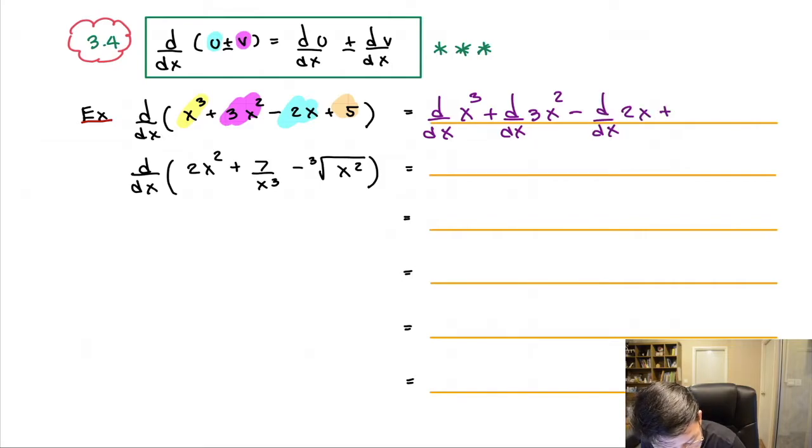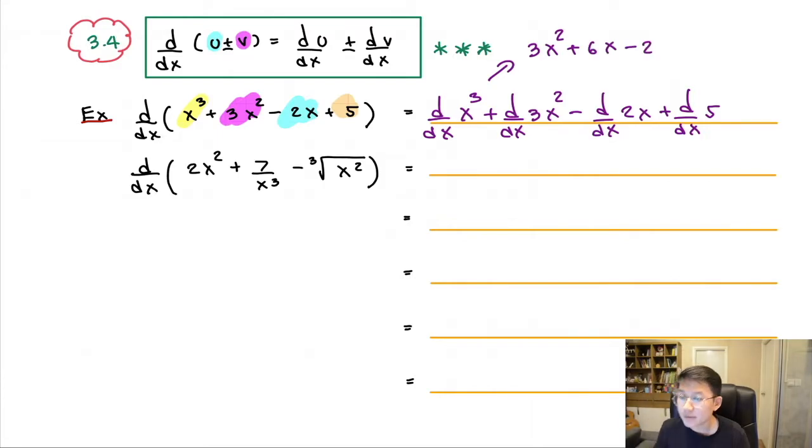Okay, but you know that the first one is 3x squared plus 6x minus 2, right? And that's the answer, right? Because the derivative of a constant is 0. Okay, how about the next one?